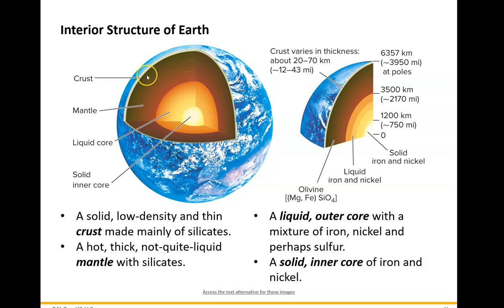And then on top of the mantle is what's called the crust. And the crust is actually the thinnest part of the Earth. The mantle is the thickest part, and then comes the outer core and the inner core. And the crust is relatively thin, as it says here. It goes from 12 to less than 50 miles, right? So we've actually dug into the mantle.